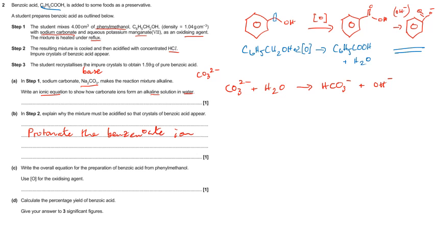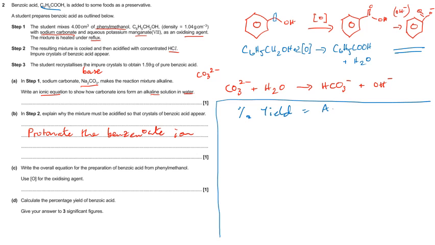So in calculating the yield, let's make ourselves a little bit of space here. I've cut off the bottom of that page. So percentage yield, let's remind ourselves of the equation. Percentage yield equals the actual moles or mass divided by the theoretical, times 100 to make it a percentage.